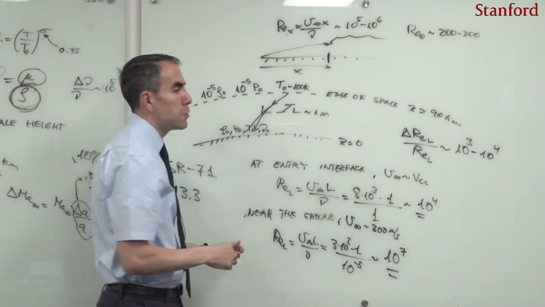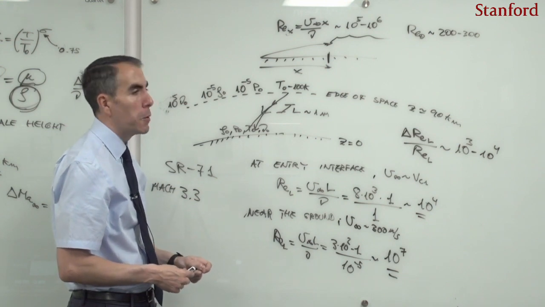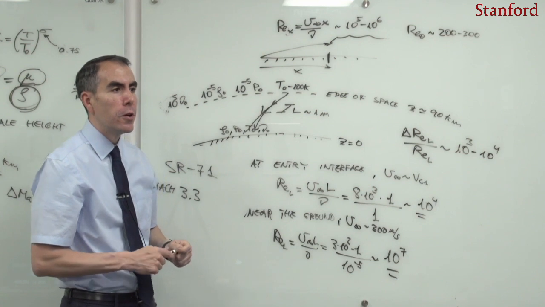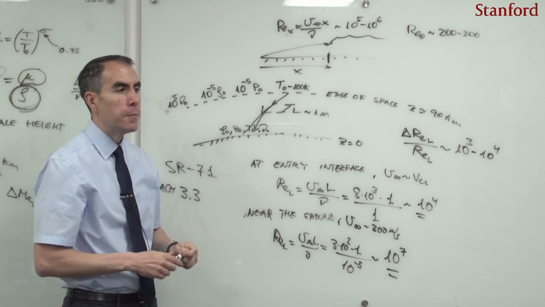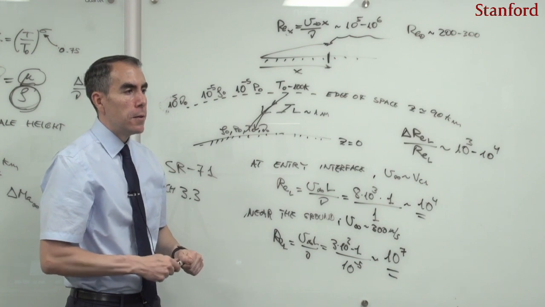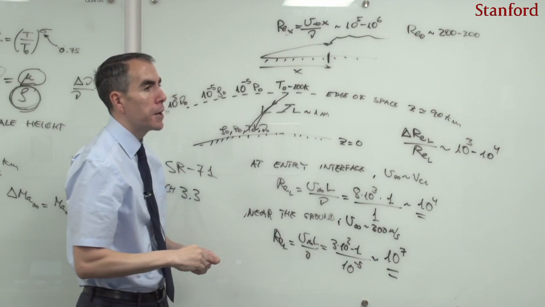Well, this leads to the problem of boundary layer transition, which is a problem that has given a lot of years of research to industry, to academia, and to government labs to try to predict what happens in this scenario.